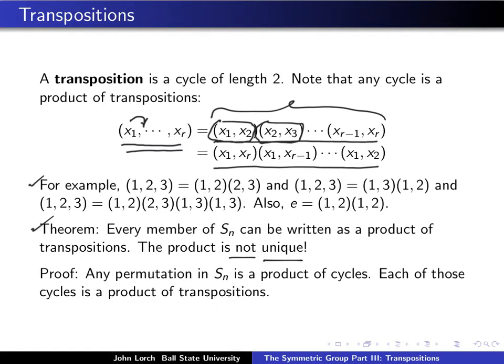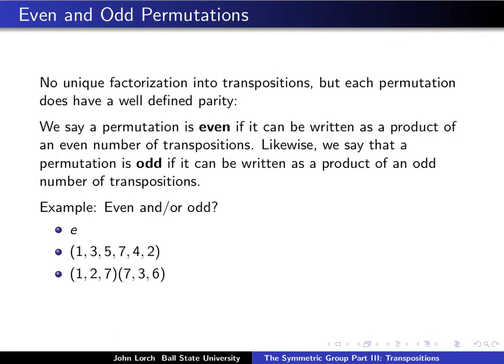For instance, here, you could write the identity permutation like this, or you could add on a couple of (1 2)s. That would be another way to write the identity permutation. So the factorization of permutations into products of transpositions isn't a unique factorization.